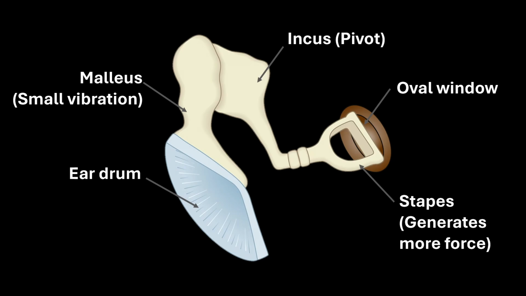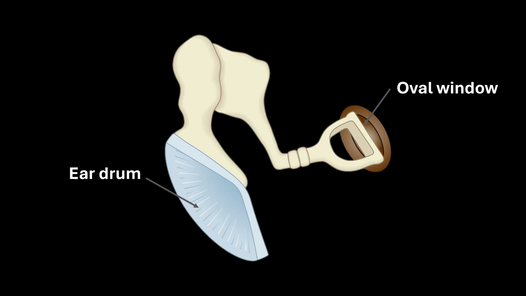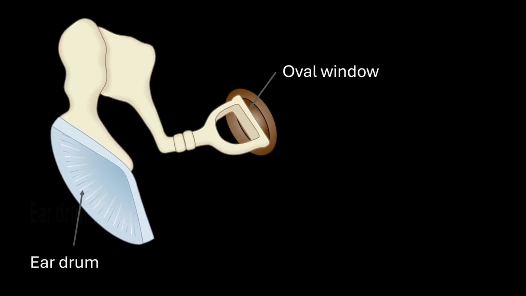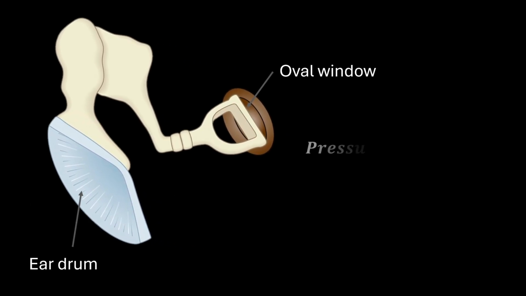But the amplification doesn't stop here. There is another important factor, which is the area difference. So the area of the eardrum is large, while the area of the oval window is very small. Now, from physics, we know that pressure is equal to force upon area.